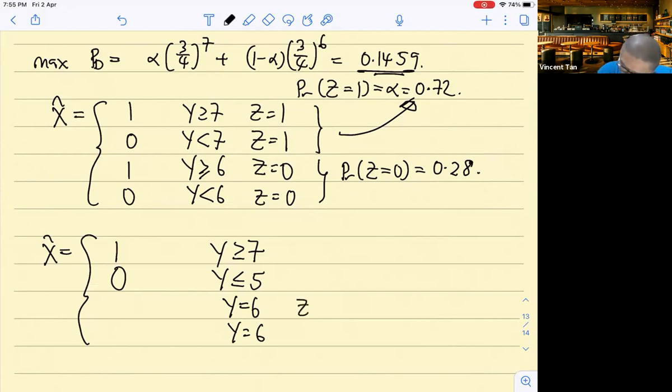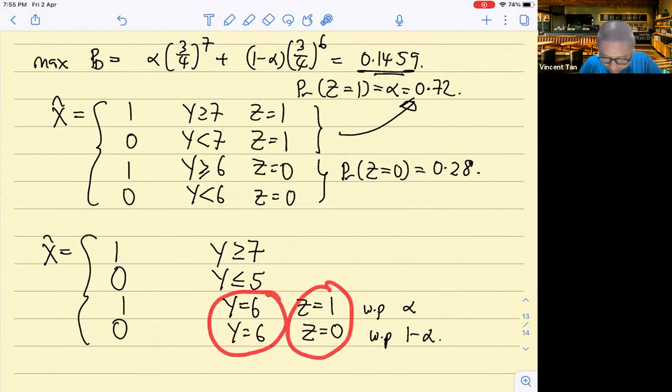So z here is equal to 1, z here is equal to 0, and in this particular case I will say 1 and 0. And this happens with probability alpha, and this happens with probability 1 minus alpha. So only with y equals 6 do I need to care about my coin.